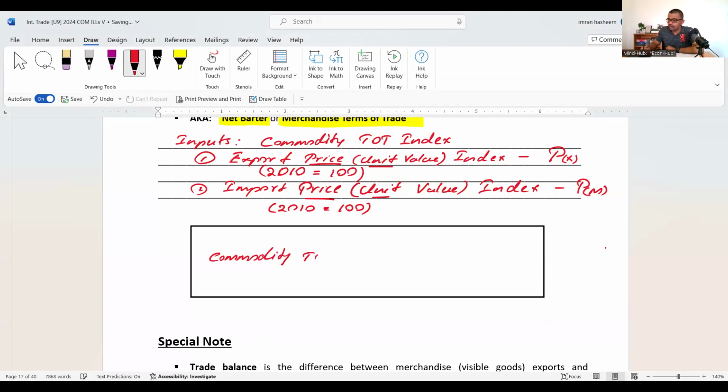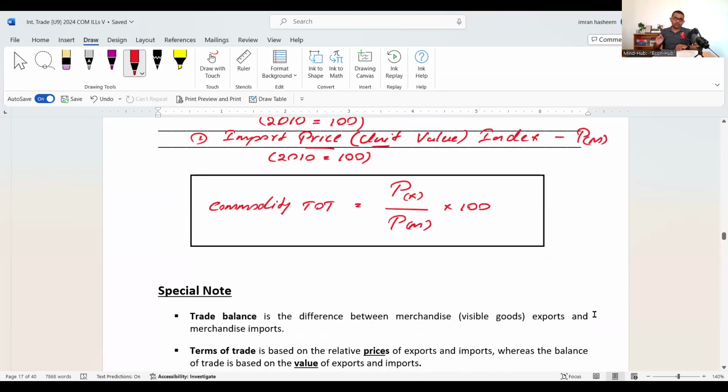Terms of trade, TOT, equals export price index divided by import price index multiplied by 100. Learn to say base year index value. That is what the 100 is. Write this and know the basic formula.